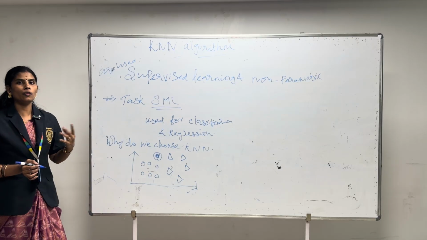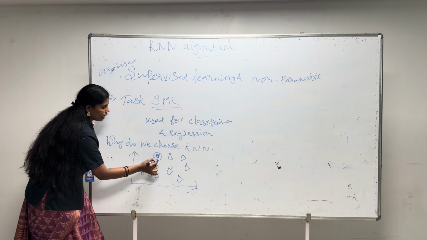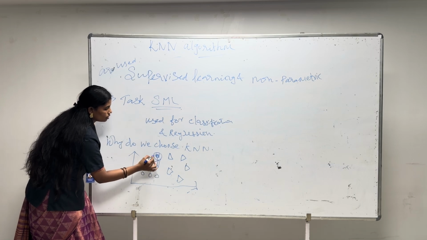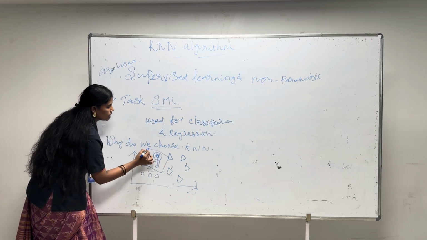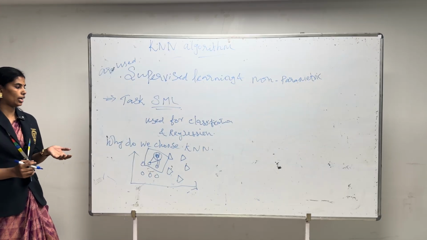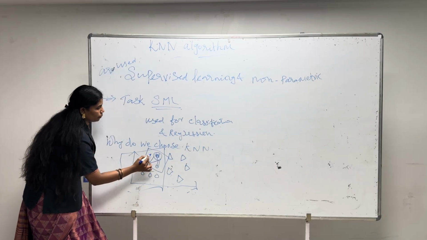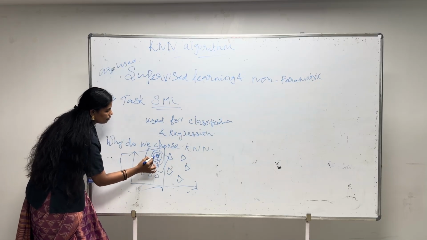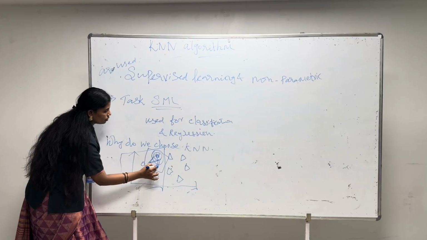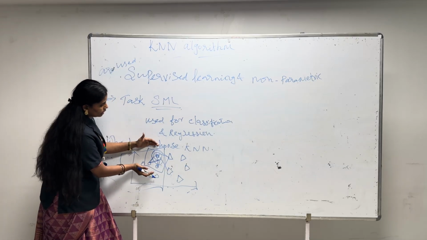First, we find the neighbor data sets in the KNN, so we have to calculate the distance to see which category the input belongs to. Now I am taking the new input data and finding the distance to the nearest elements and calculating the majority.